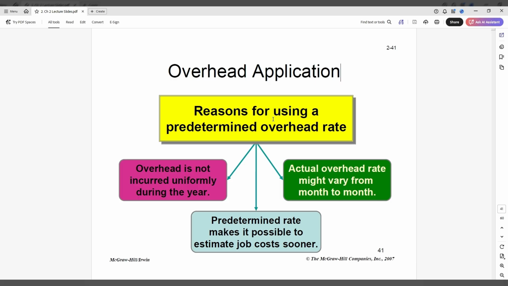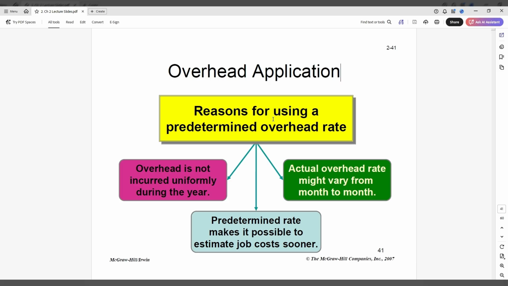But overhead is a whole litany of different things, right? It's utilities, it's property taxes, it's supervisor salaries, it's janitor salaries. It could be little materials like WD-40 that are just used intermittently to make sure the machines are running well, right? And so it's not easy or feasible for us to take all of those costs and then look at customer Smith's wedding cake and say, oh, okay, exactly this much of that utilities and this much of the supervisor time.